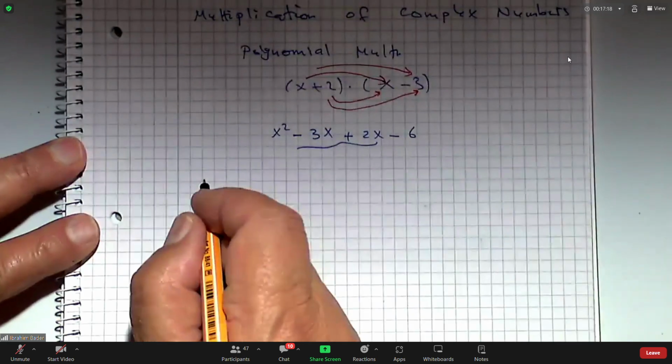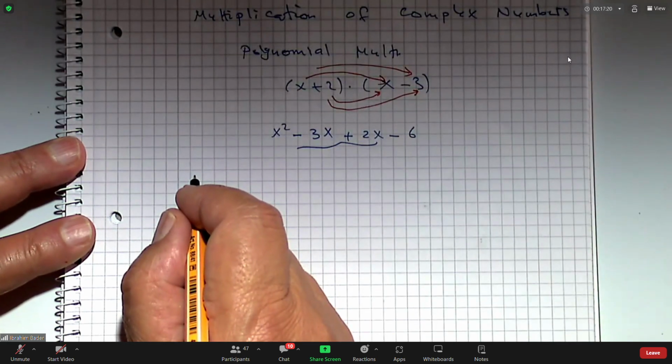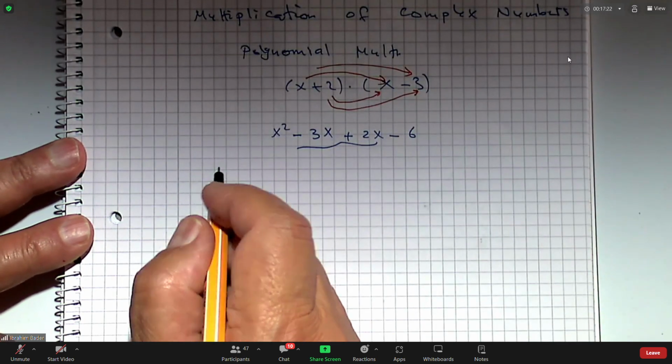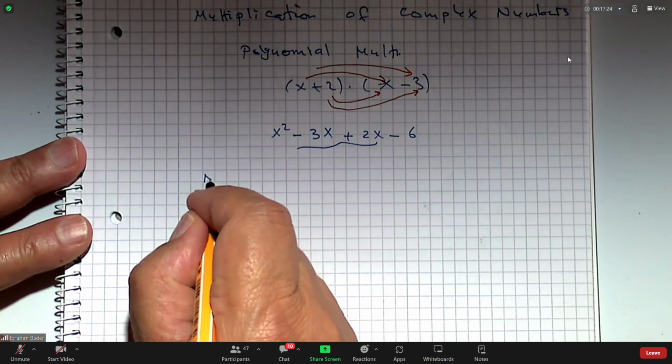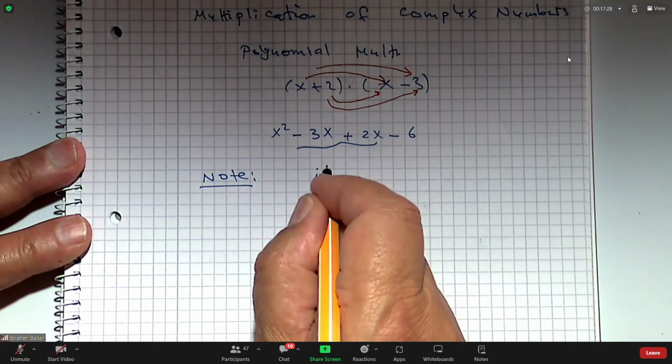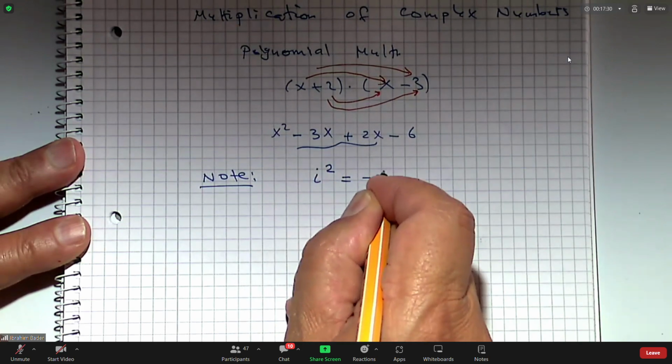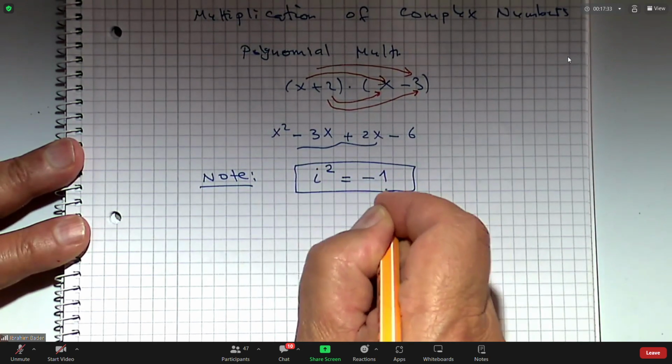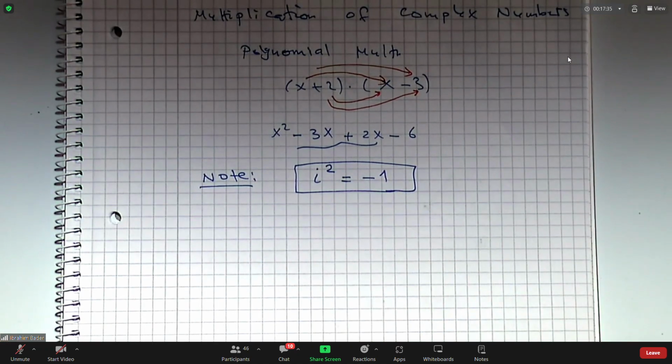but before that, there is something special with complex numbers, and that is the fact that i squared equals -1. This identity here is very important when we deal with multiplication.